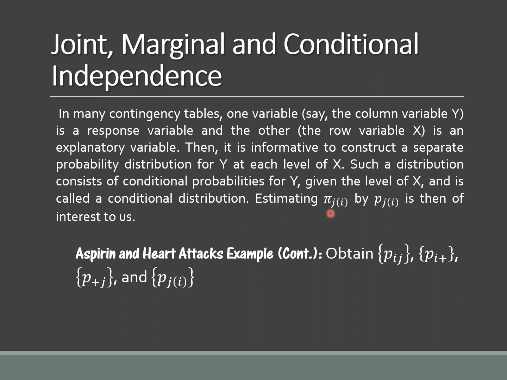Okay, so as a practice, or just to see if you know the concepts, using the aspirin and heart attack example, the myocardial infarction data, please obtain the joint sampling distribution, the marginal sampling distribution in row, the marginal sampling distribution in column, and then the conditional sampling distribution.